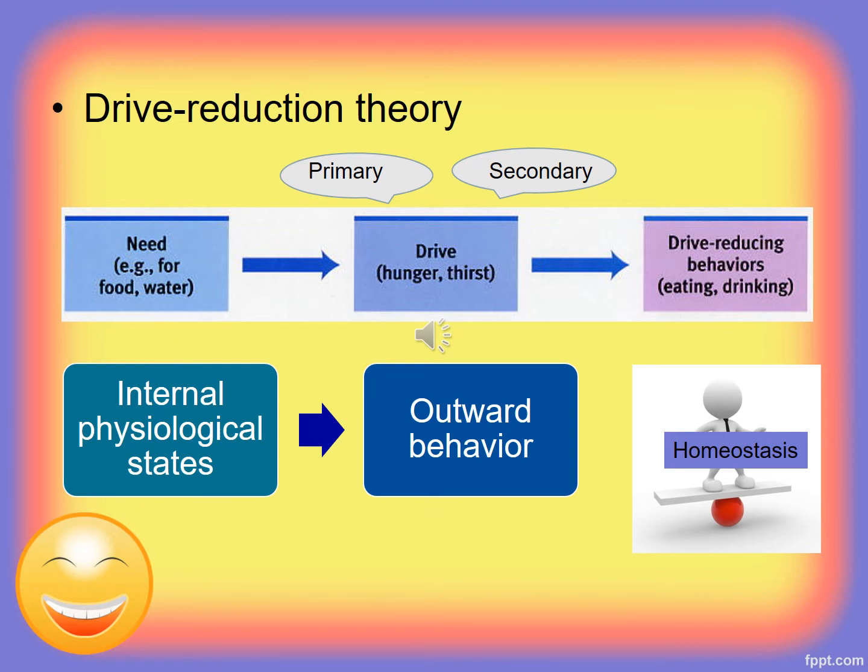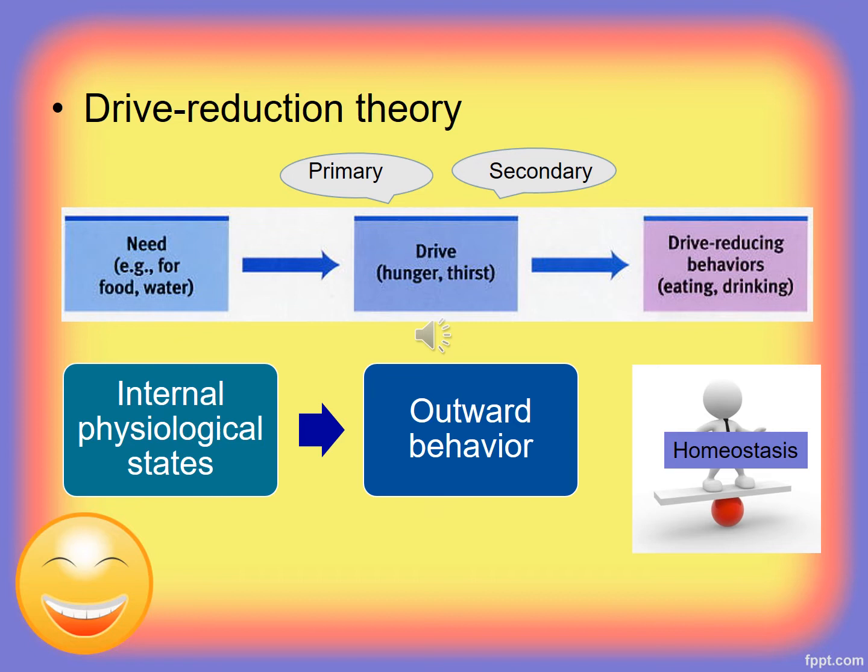Primary drives are about the survival needs of the body; you feel hunger because you want to survive. Secondary drives are learned through experience, such as social approval, social acceptance, and being liked by other people.